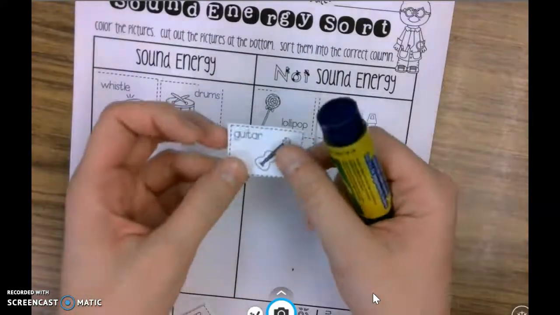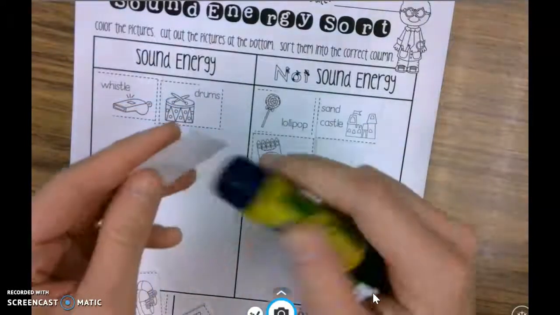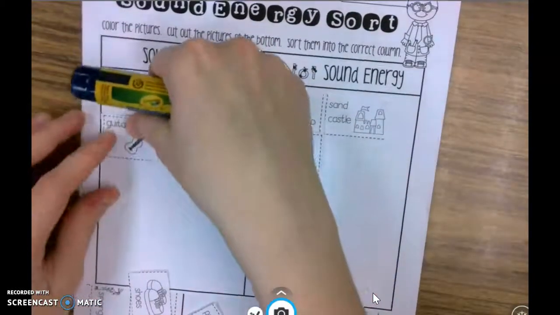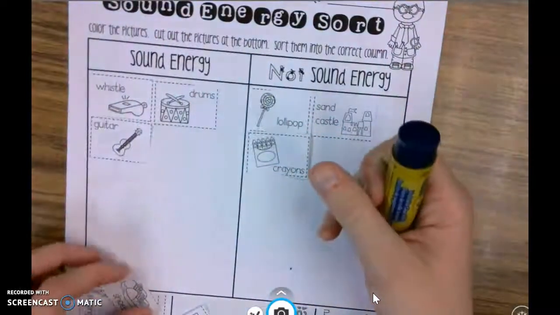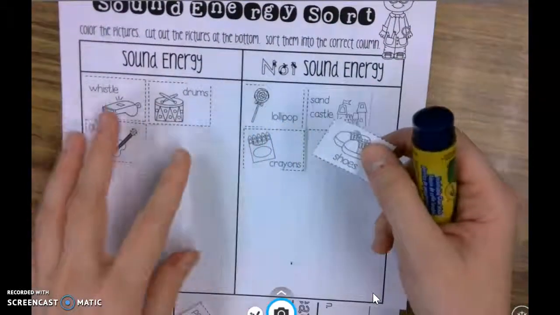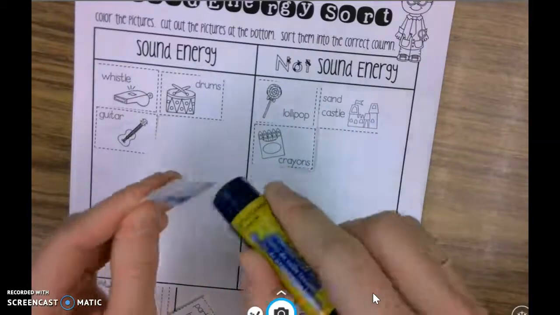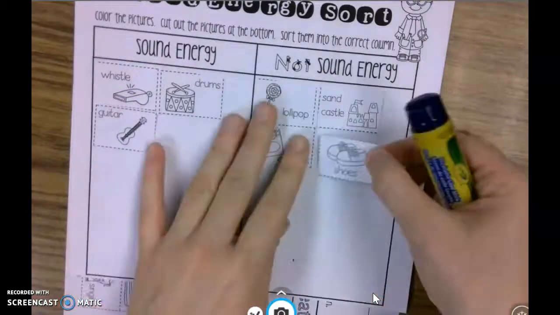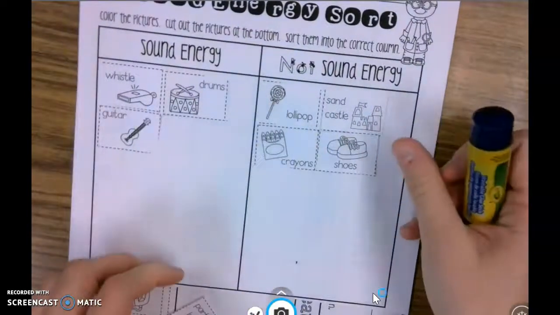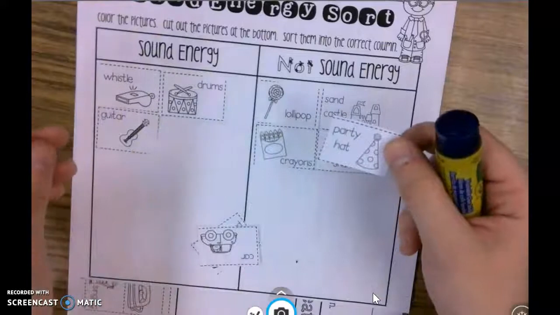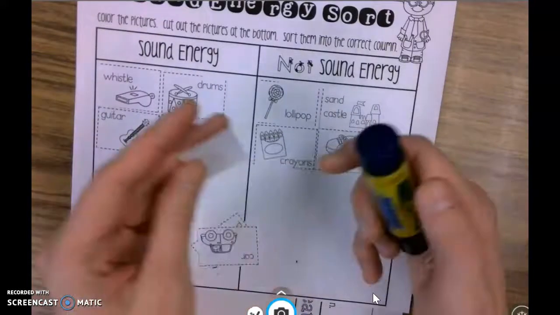A guitar, I would say sound energy because you can strum it, that means play it, and it makes noise, it makes sound. Shoes, I'd say not sound energy. The party hat, not sound energy, right?